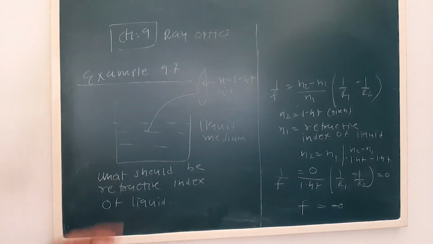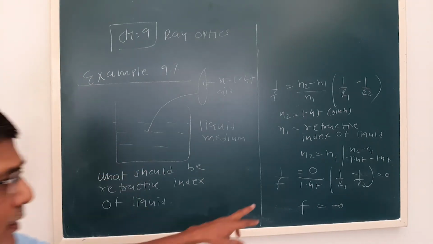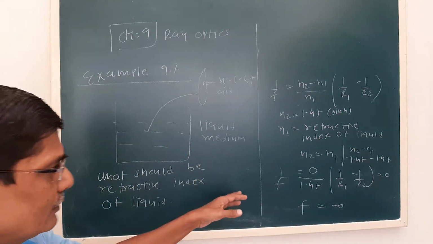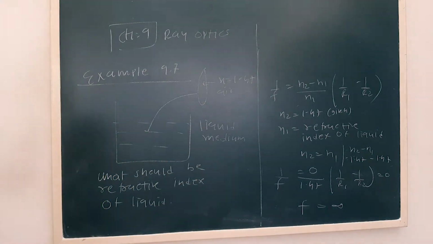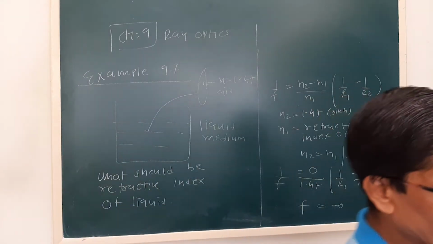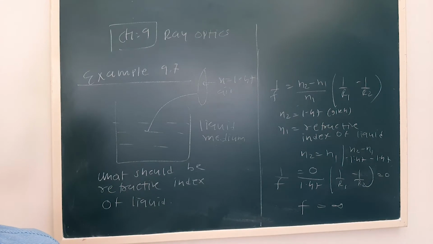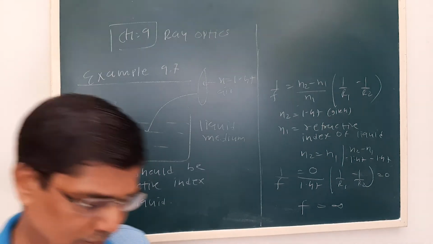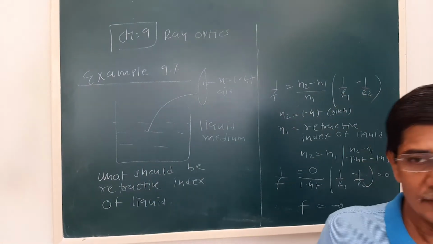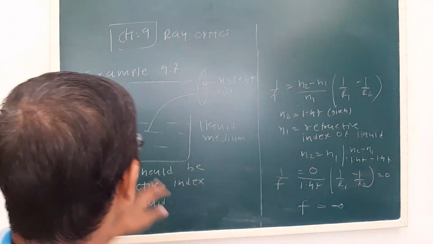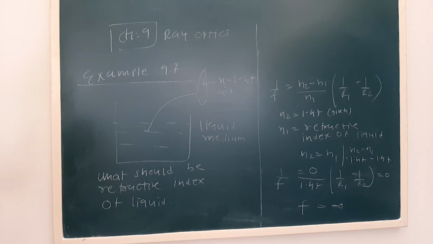So for the lens to disappear, the refractive index of the liquid medium should be equal to 1.47. So we have to keep in mind, whatever value the refractive index of the lens, if we keep it in a liquid of a similar refractive index, then the lens will disappear. So this is about example number 9.7.